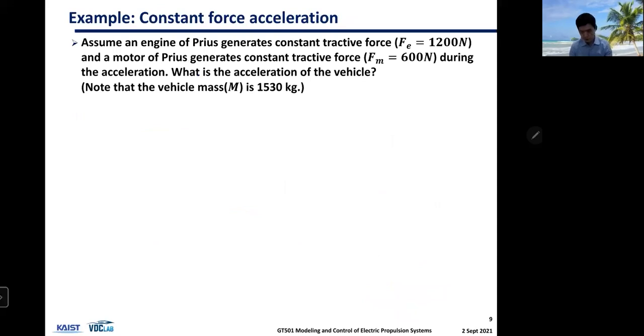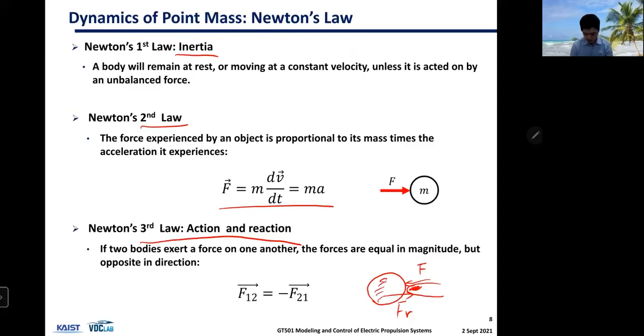Okay, so all of this will be related to vehicle dynamics, because you can think of this ball as vehicle body or tire, and you can think of this finger as the ground.